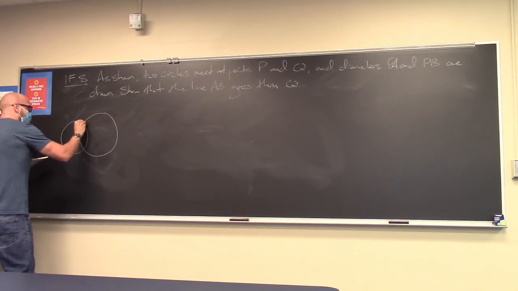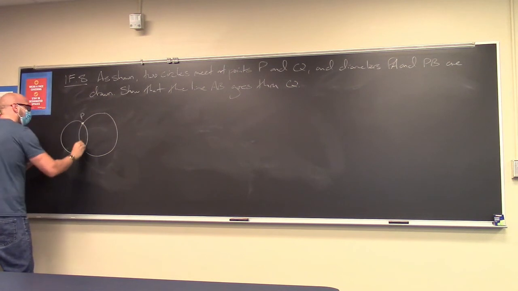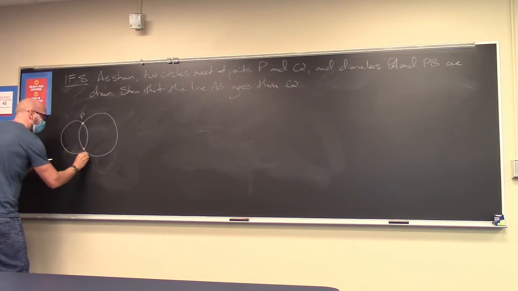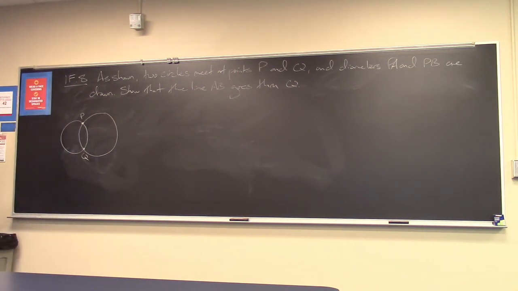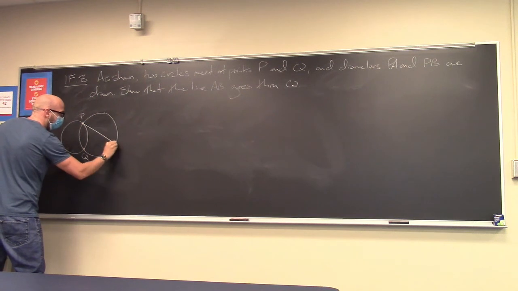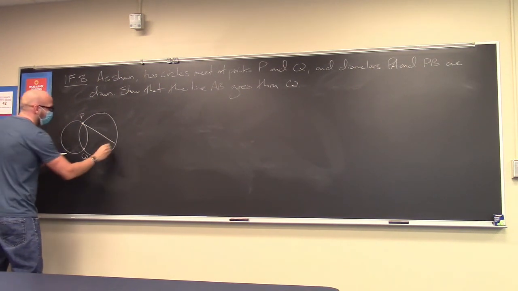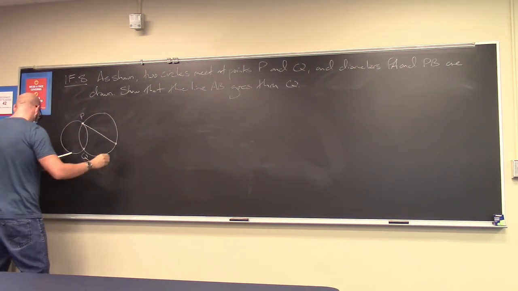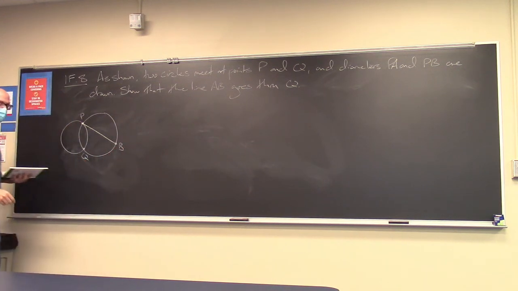We've got two circles intersecting at 2 points, P and Q. And I'm just going to draw on any old two diameters, one of each circle. So here's, that's not quite a diameter, but pretend it is. There's a PB.